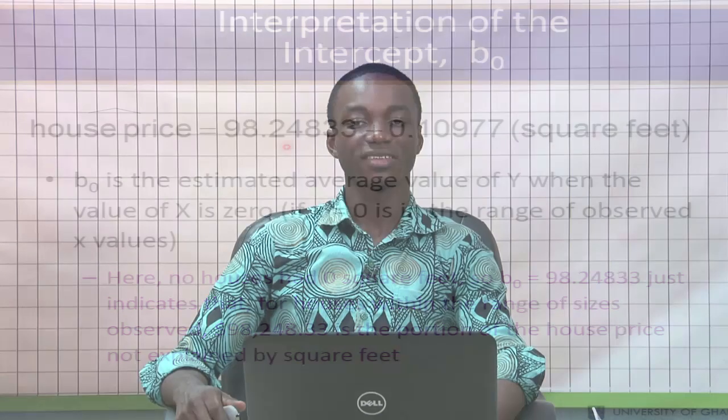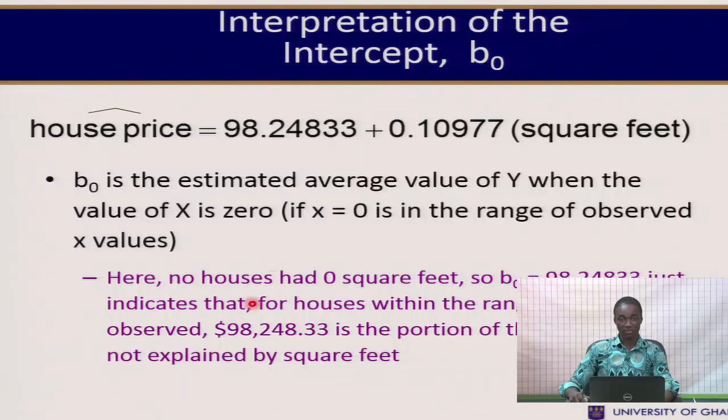Sometimes this doesn't really have much interpretive value because no houses will have 0 square feet. And therefore, we can just say that for beta naught equal to 98.24, it just indicates that for houses within the range of sizes observed, 98,248.33 is the portion of house price that is not explained by the square feet.